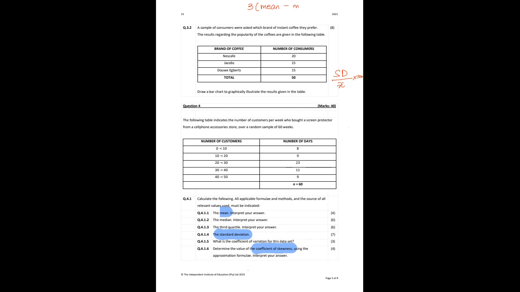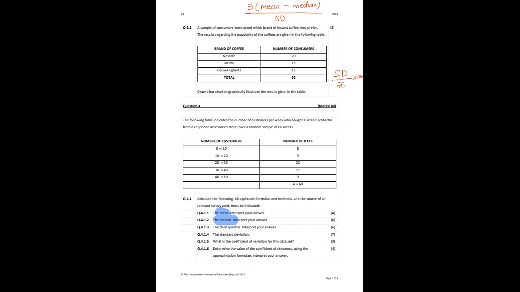So again, here, pretty much everything you needed was already calculated for you in some of the previous answers. You need the mean that was done in question 1, the median in question 2, and your standard deviation in question 3. So all 3 of the values for that formula were already calculated.